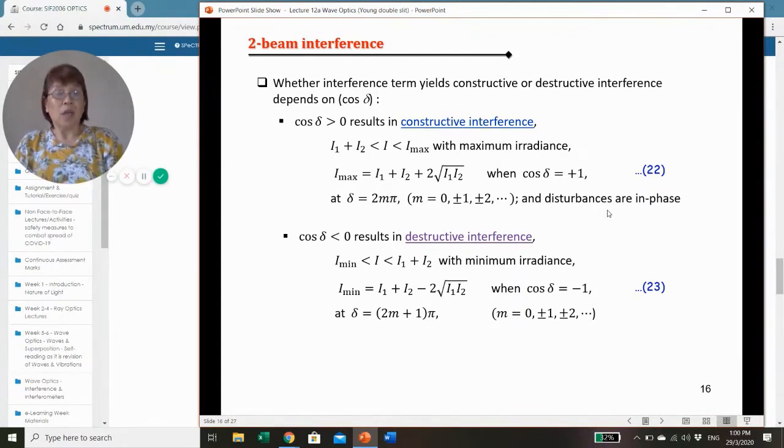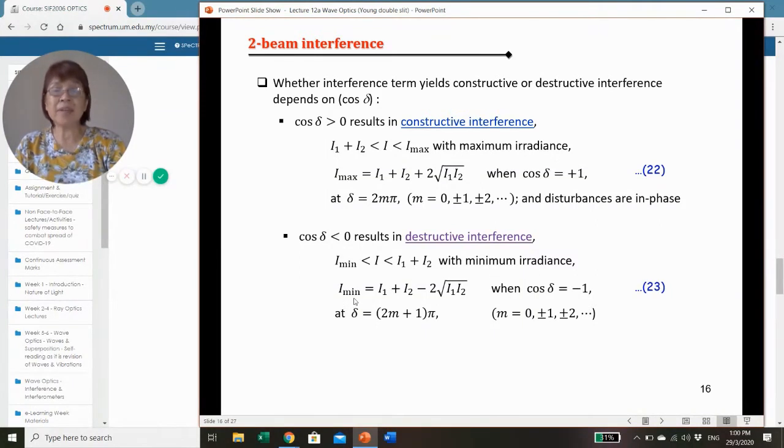Now, cos delta will be negative when we get destructive interference. And then the resultant irradiance would be higher than the minimum irradiance, but lower than the addition of the individual irradiances.